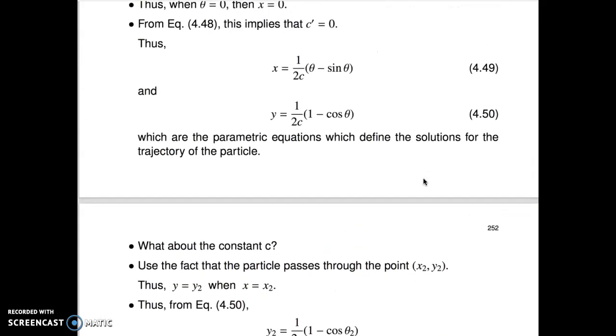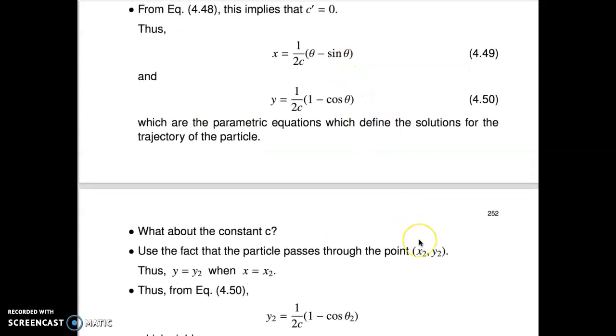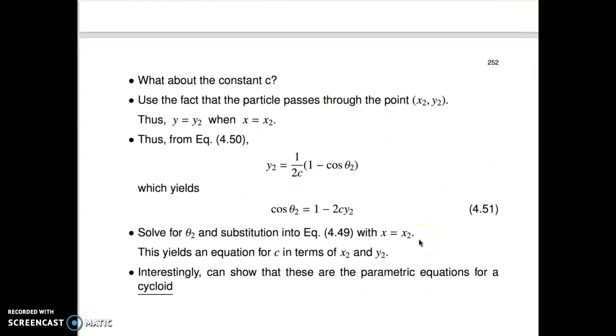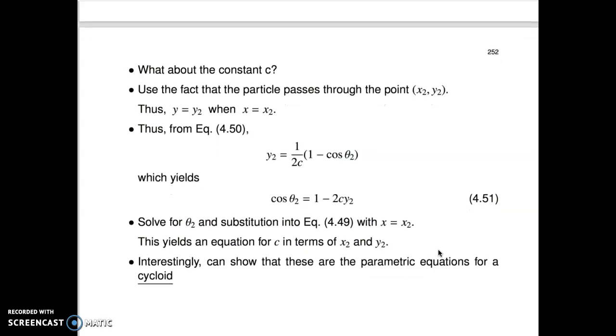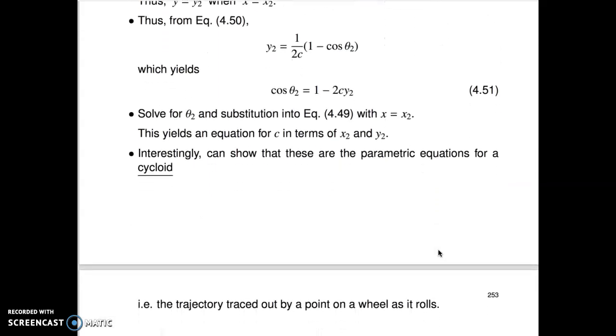If you do that substitution, this will yield an equation for the constant in terms of x2 and y2. So this is a little exercise you can work through. It's basically just applying a boundary condition to determine an unknown constant in the solution of a first-order differential equation. Okay, and that's as far as we're going to take it, except I'll just say this.